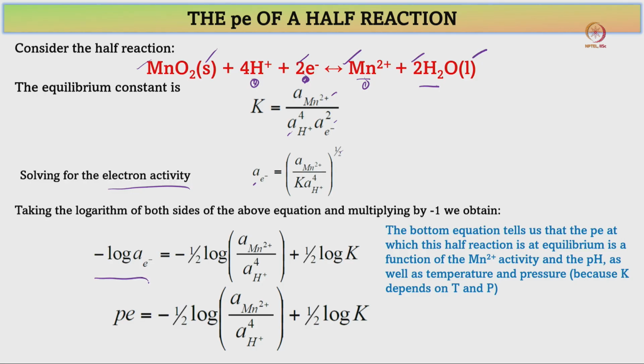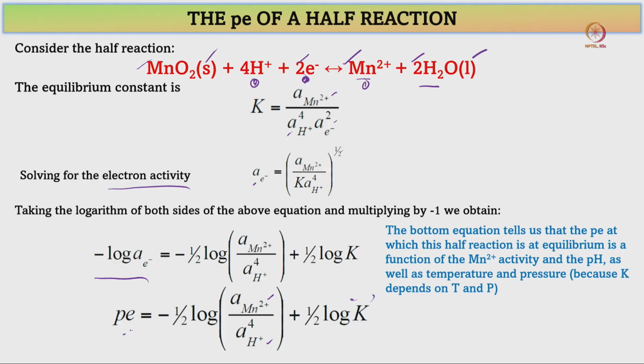So, this is my pe term. So, my pe is equal to minus half log of the activity of Mn2 plus and the activity of H plus ions, plus half log K. So, this means that at equilibrium pe is a function of Mn2 plus activity and the pH, and this K term of course depends on the temperature and pressure.